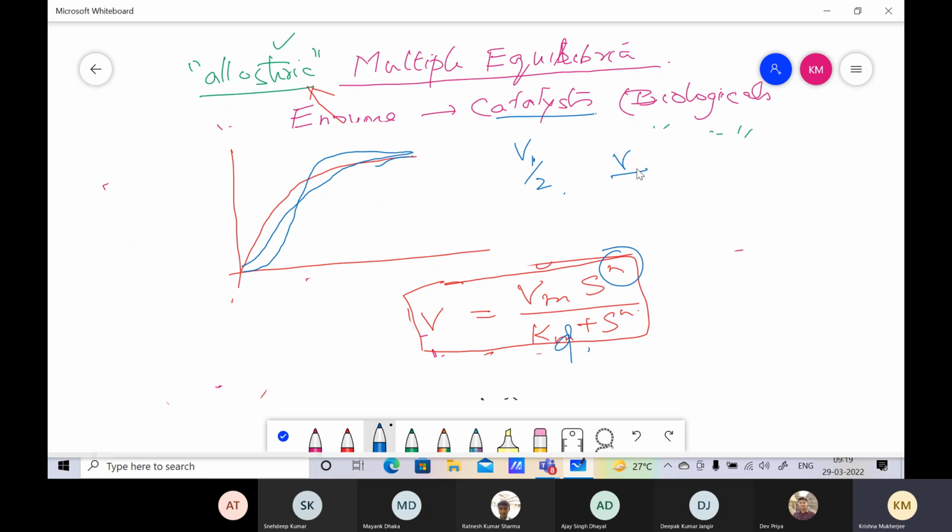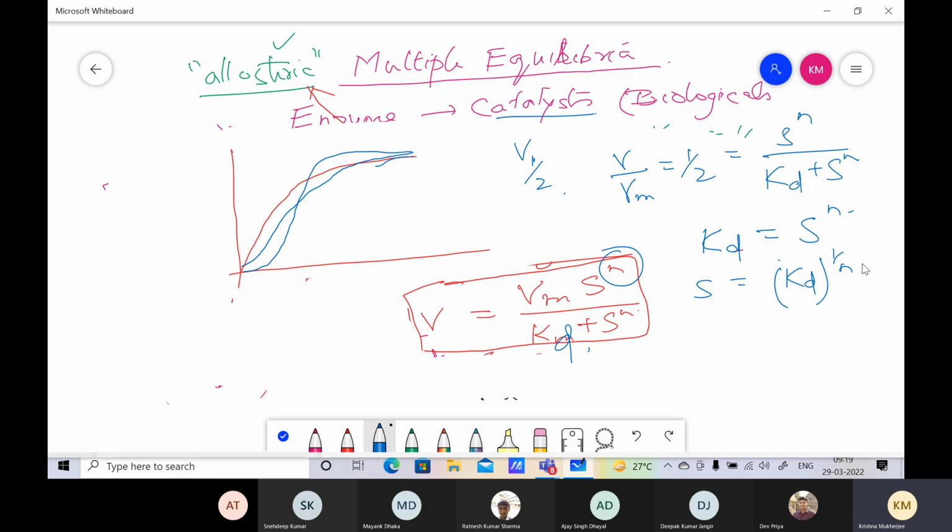So we get V by Vmax is equal to half, is equal to S star raised to n upon Kd plus S star raised to n. Right? So what does this tell you? Kd is equal to S star raised to n. So when Kd is equal to S star raised to n, therefore S becomes the nth root of Kd, that is Kd raised to 1 by n.